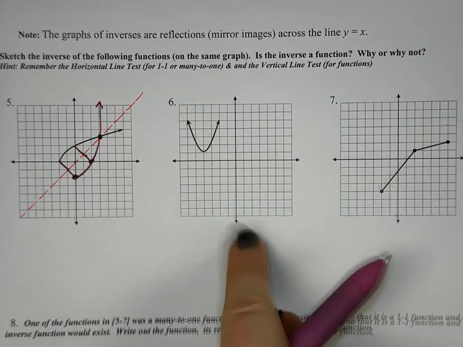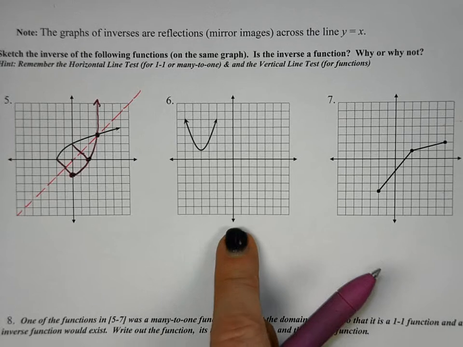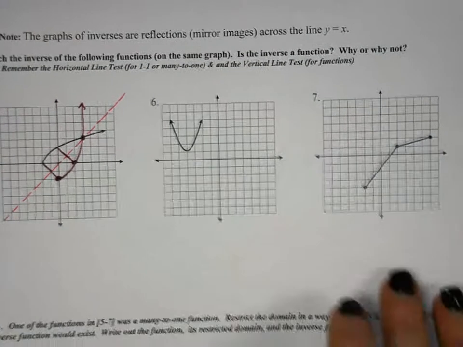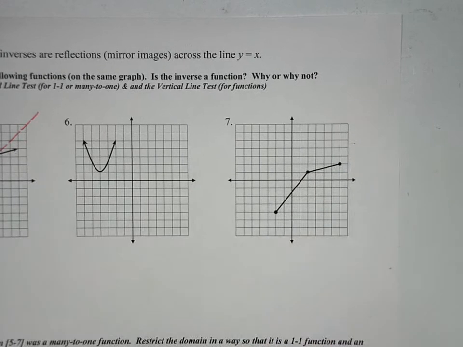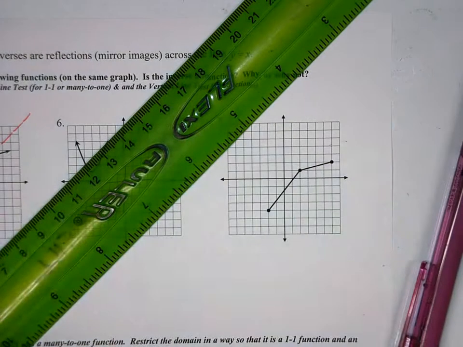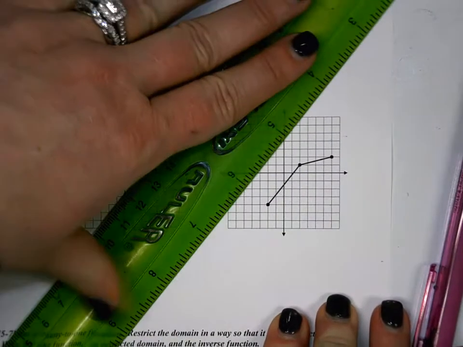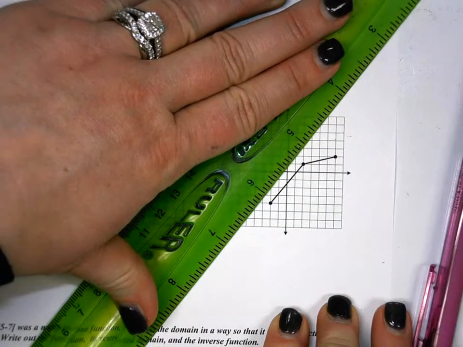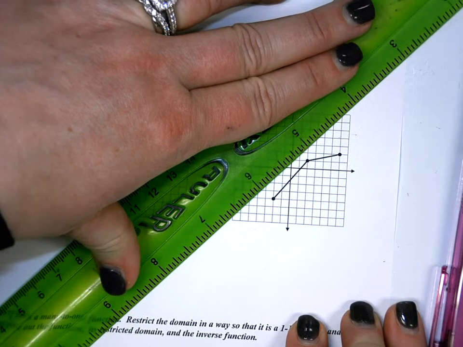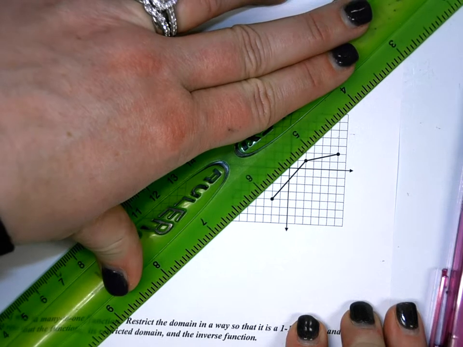Number 6 we're going to save for in class because there's a little bit of explanation needed for that one. And then this last one, number 7 I think. Again, start by sketching the reflection line.